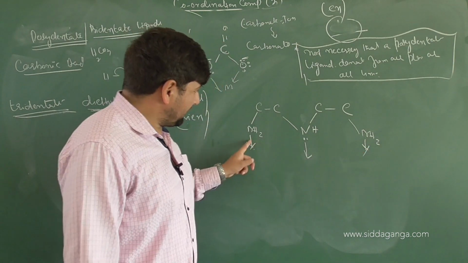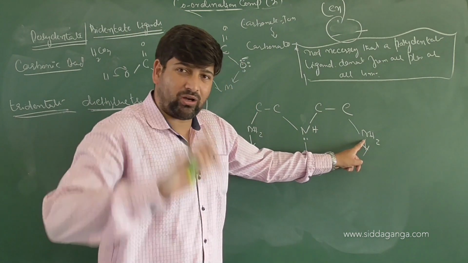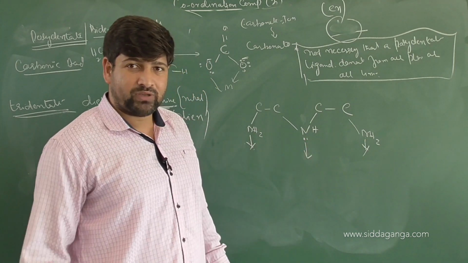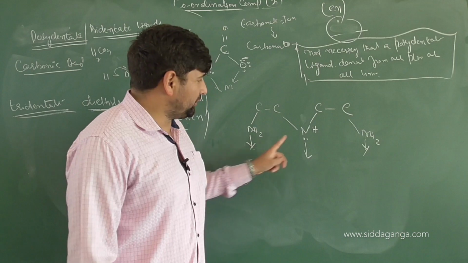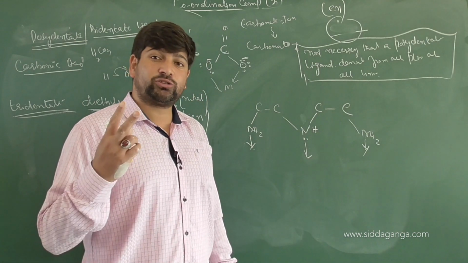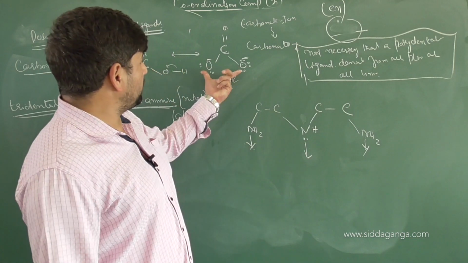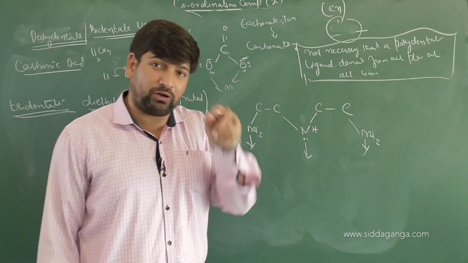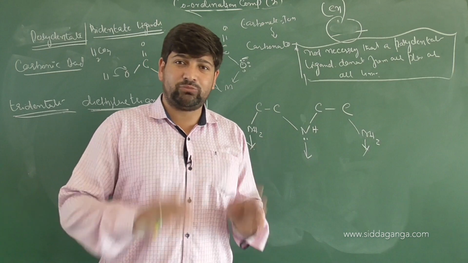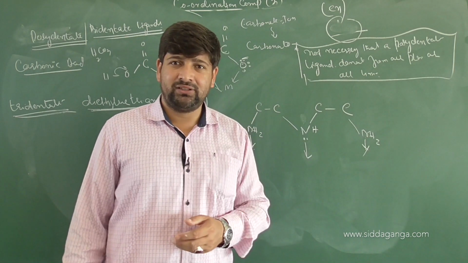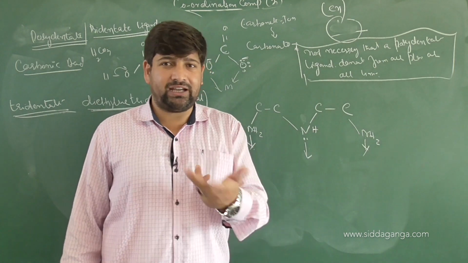If out of 3 it is making a bond by 1 only, that means this polydentate ligand is acting as a monodentate ligand. If out of 3 places it donates from 2 places, it means tridentate is acting as bidentate. And if a bidentate donates from 1 place, it acts as monodentate. Similar way, hexadentate can act as tetradentate. Tetradentate ligand can act as tridentate.